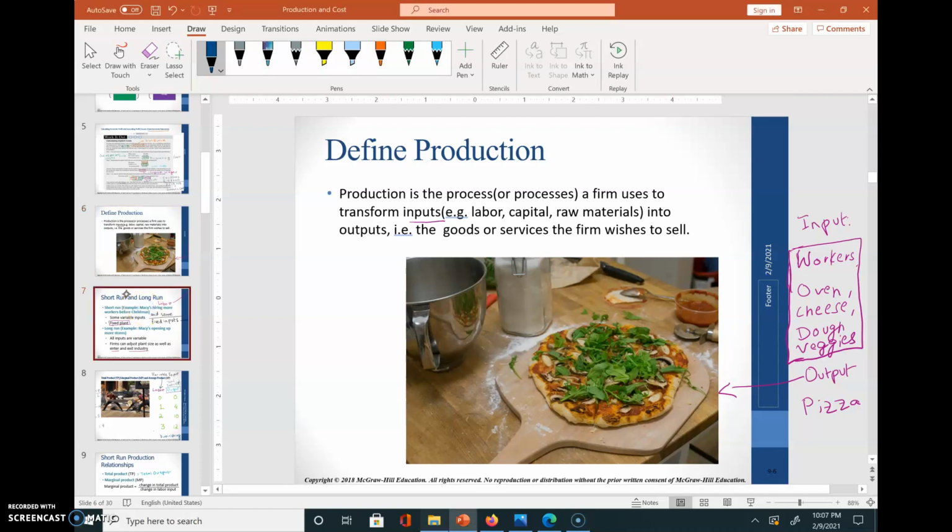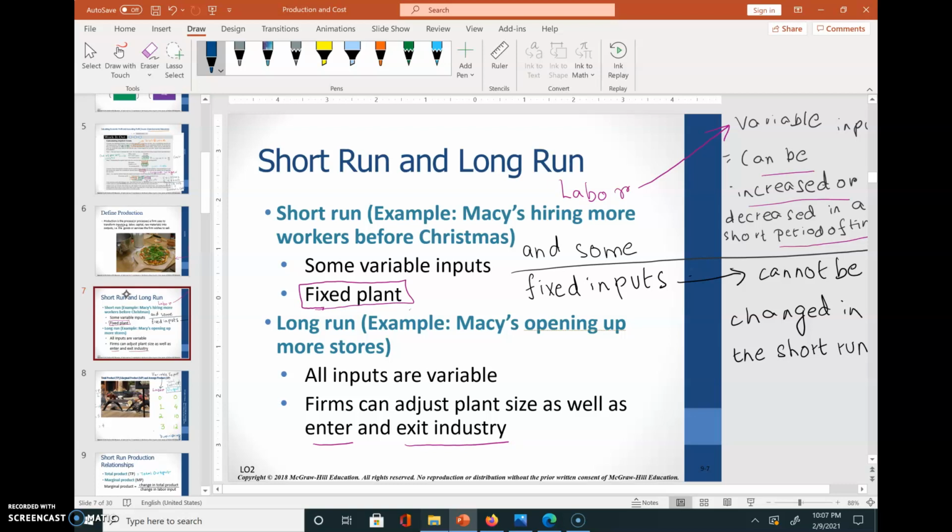Alrighty, now let's look at the short run and the long run. In the short run, we have some variable inputs and a fixed plant. That means we have some fixed inputs and some variable inputs.